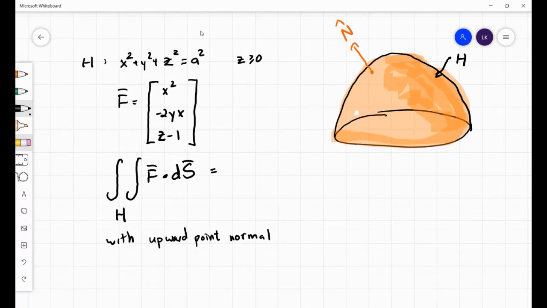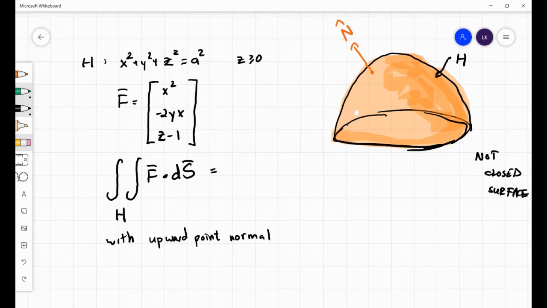Yeah, we're not including the disk on the bottom, right? So the boundary of the surface is here, and we're not including the bottom disk. So it's not a closed surface, and we can't apply divergence theorem.